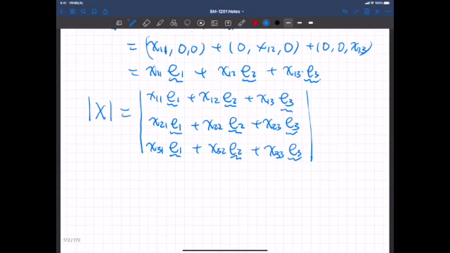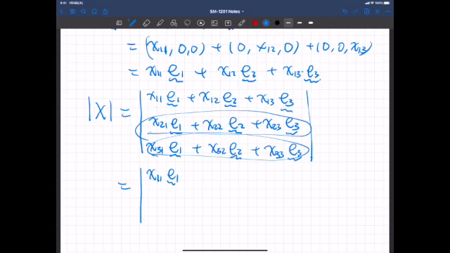So, for example, let's consider the first row. Okay, then we can split the first row into three determinants, right? So x11 e1, and everything else is the same.